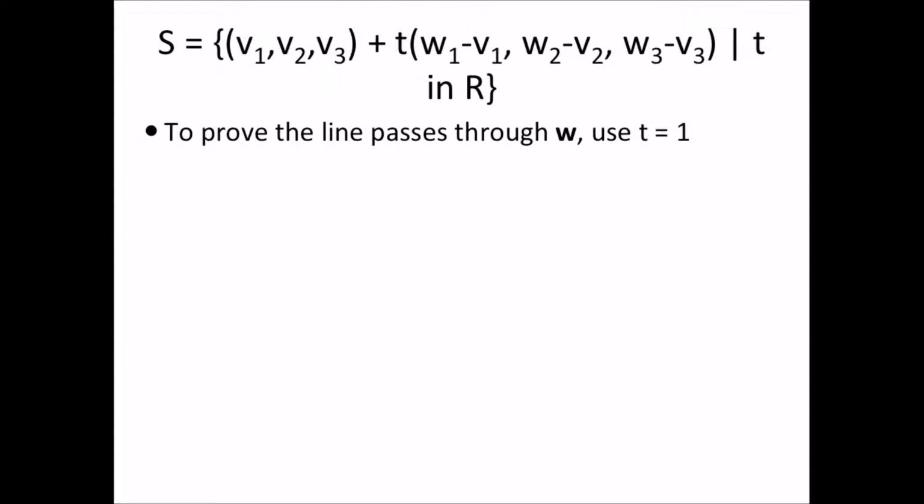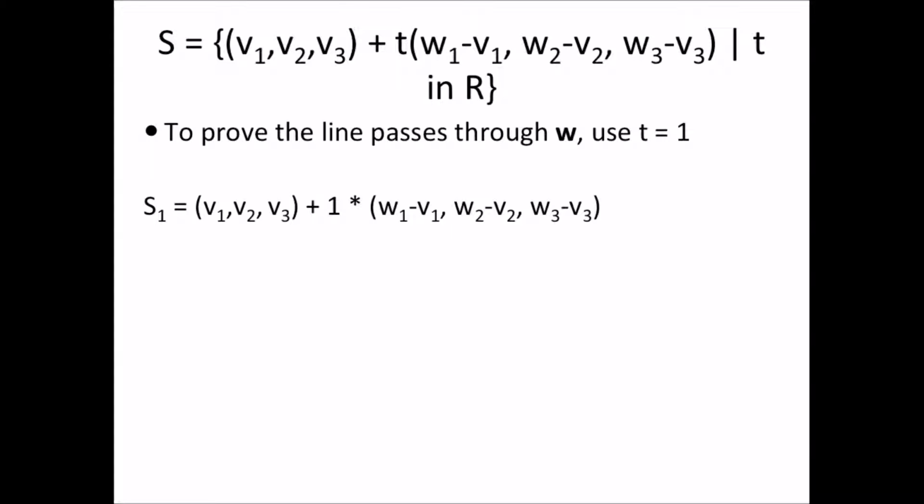To prove that the line passes through w, we will use t equals 1. We'll describe this point as (v1, v2, v3) plus 1 times (w1 minus v1, w2 minus v2, w3 minus v3).